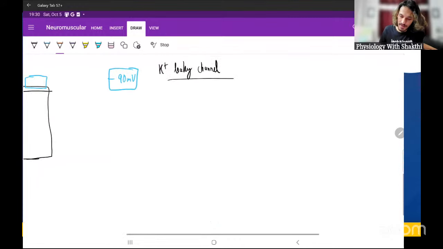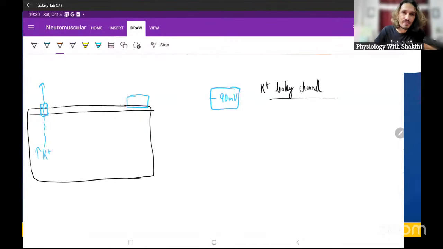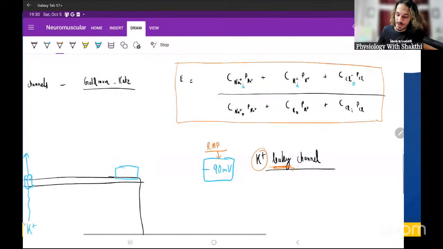Okay. Now let's come back here. Your resting membrane potential, usually in cells like your skeletal muscle, your cardiac muscle. So in these cells or large neurons, generally your resting membrane potential is around minus 90. So again, it starts making sense because why? Your potassium is the major leaky ion according to the Goldman-Katz equation.